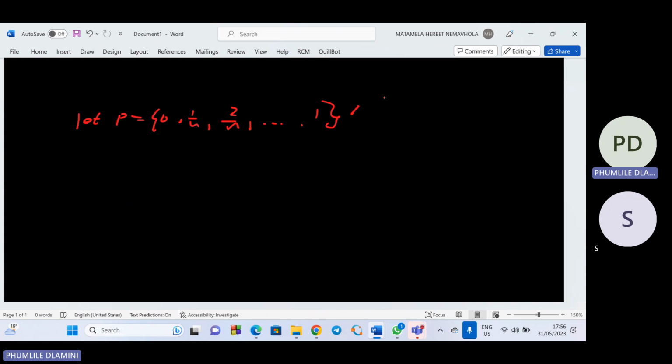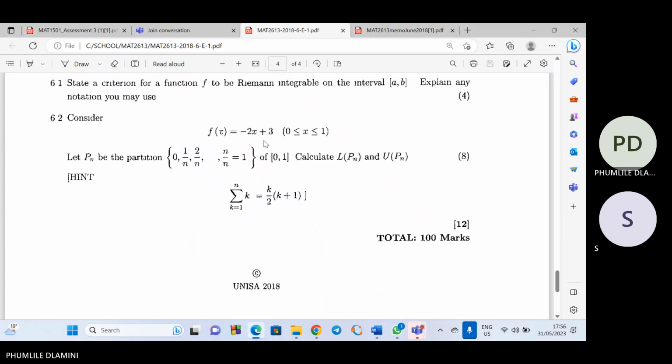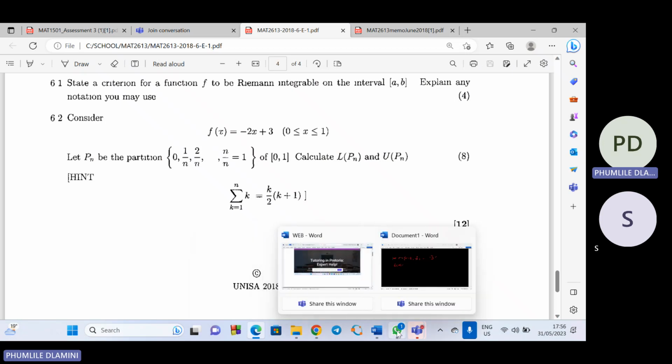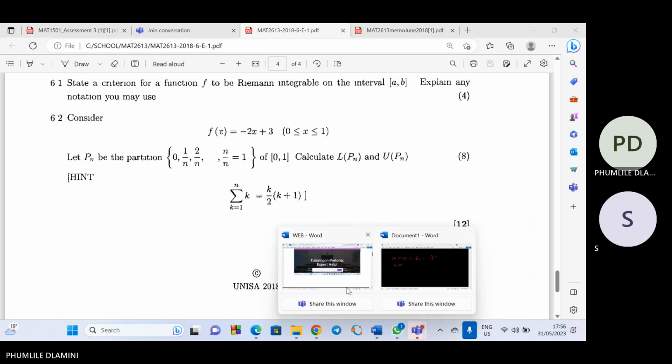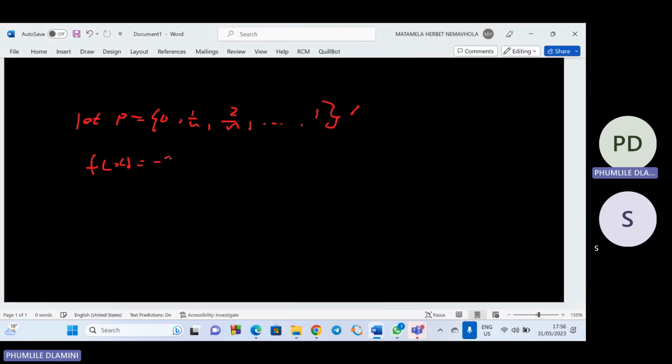The other thing is the function that we have there, f of x equals minus 2x plus 3.